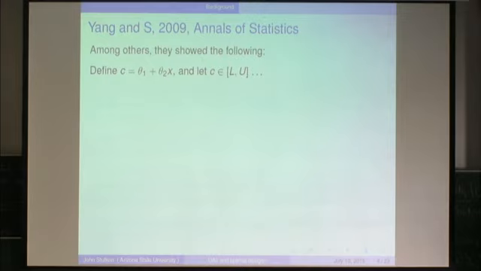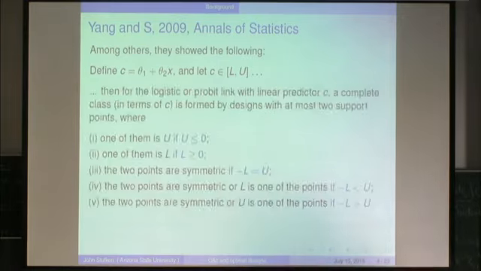I said x was restricted to some interval, so c is also going to be in some interval, let's say c is in the interval from L to U. What we proved is that if you use a logistic or a probit link with the linear predictor c, then the complete class consists of designs with only 2 support points, where you have all these different specifications as to what those 2 support points are.